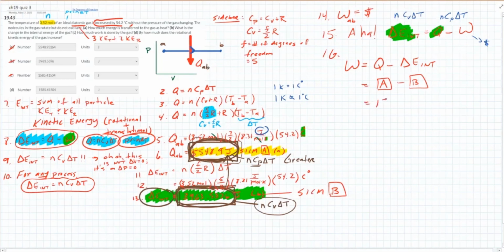This is the amount of work done, 1585 and some change joules. That's the answer to part C. The work done from A to B.